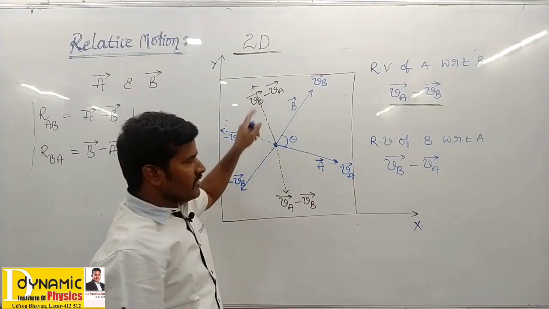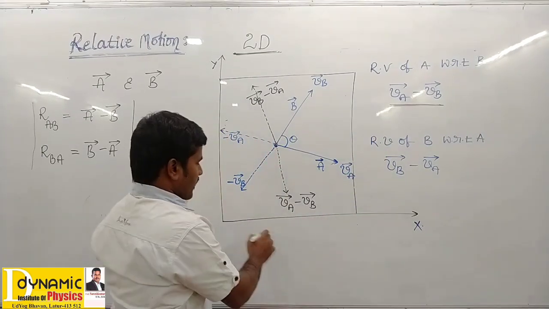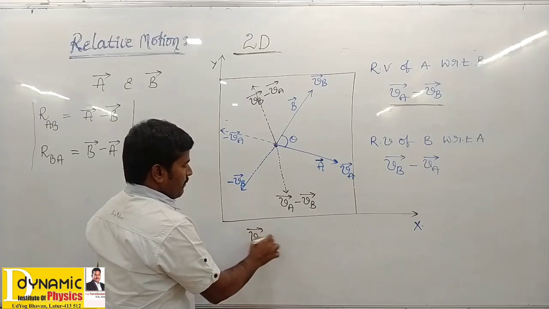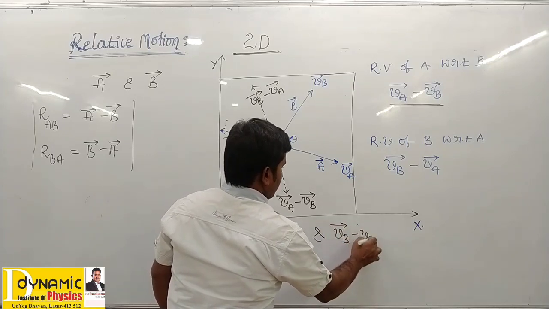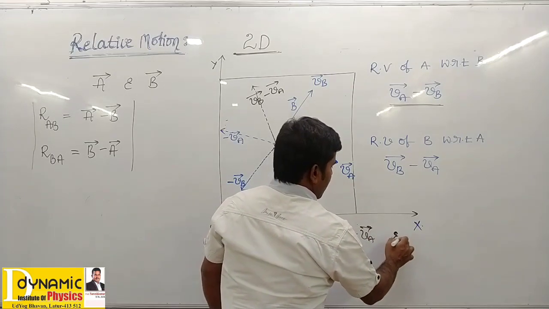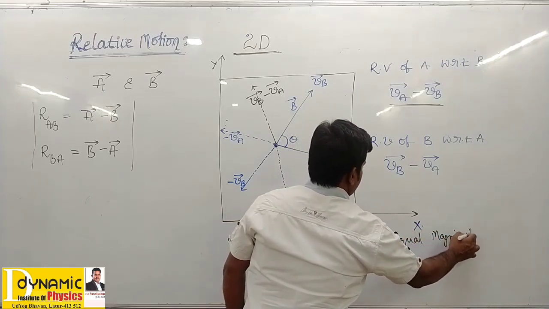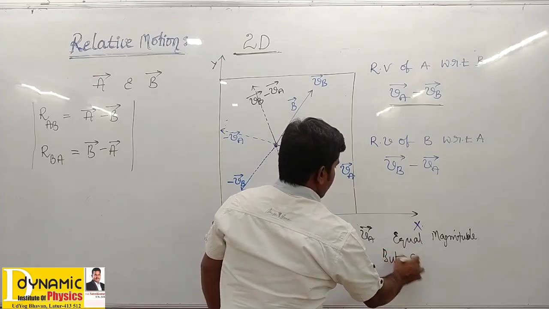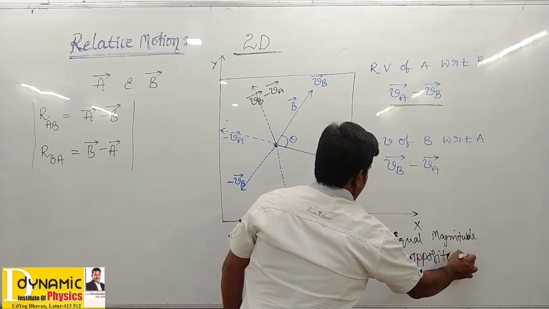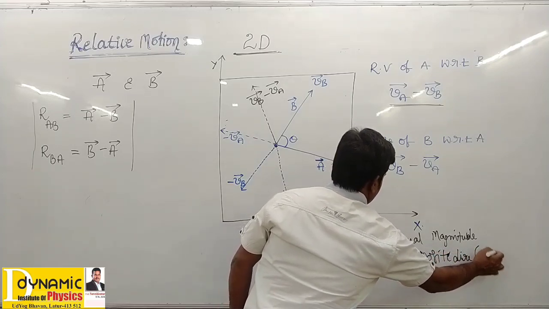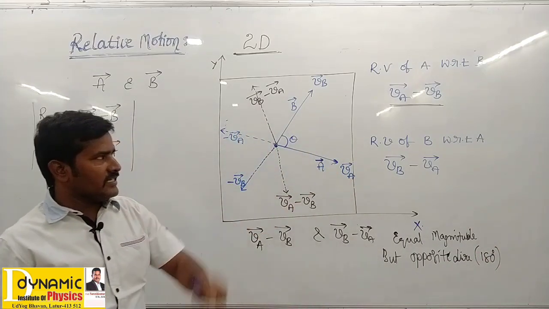Opposite means both magnitudes are equal but opposite direction. VA bar minus VB bar and VB bar minus VA bar have equal magnitude but opposite direction, so the angle between them becomes 180 degrees.